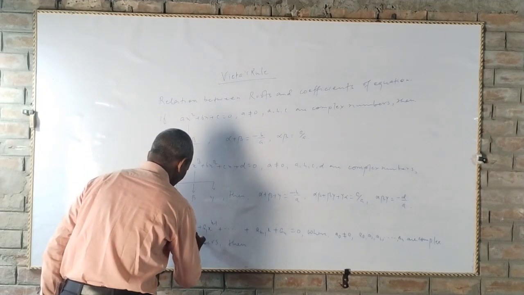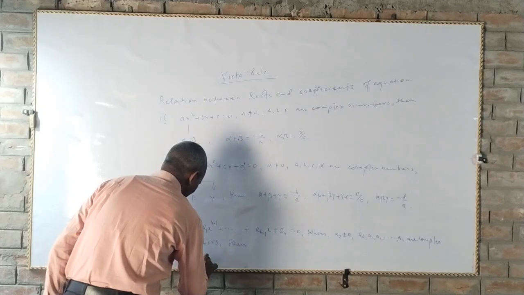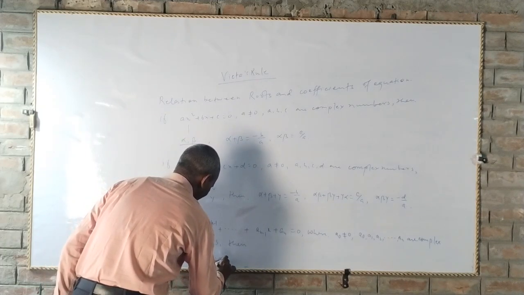So let these roots be alpha 1, alpha 2, alpha 3 and dot dot alpha n.